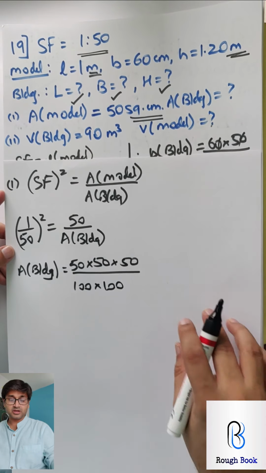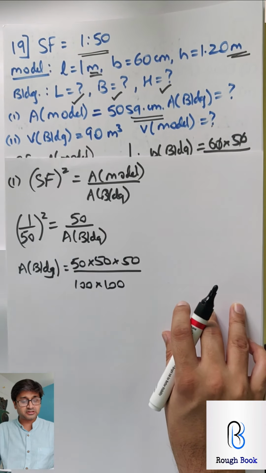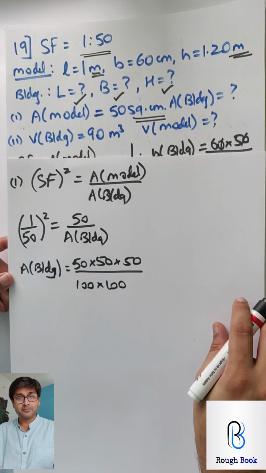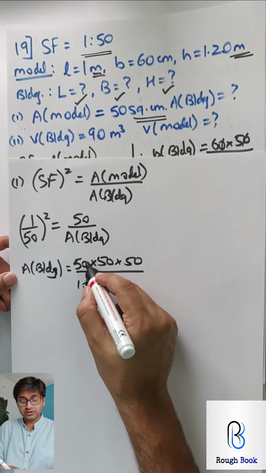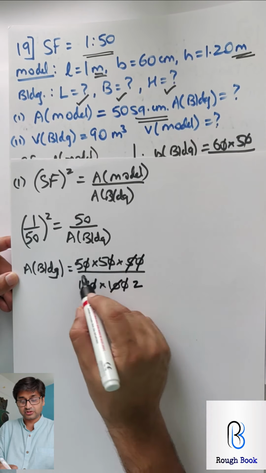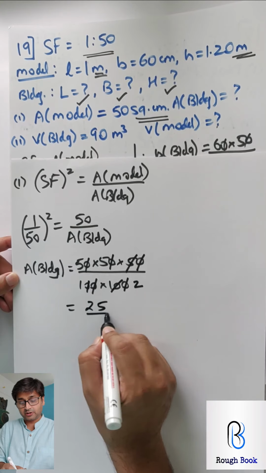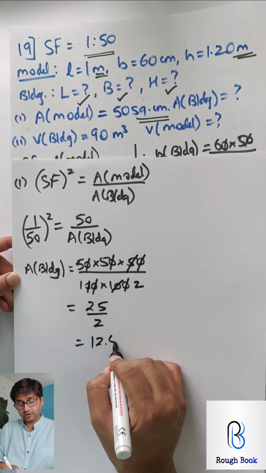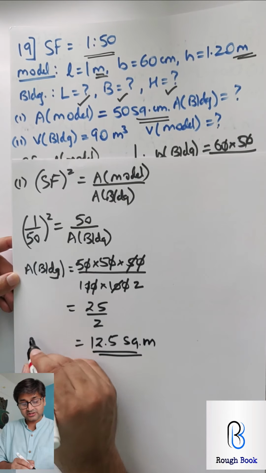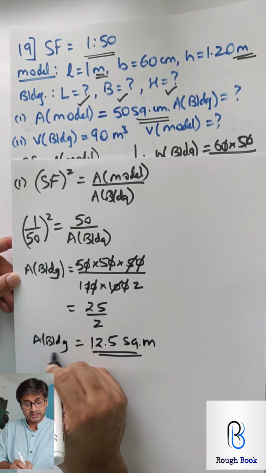Even if you keep it in centimeters, since they have not asked you to convert, they will consider it. But my advice is better you convert. So 0 0 0 0 goes away. 5 1s are 5, 5 2s are 10. So 25/2, that becomes 12.5 square meters as your area of building.